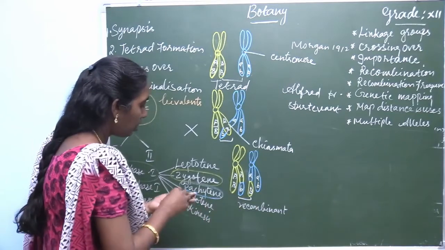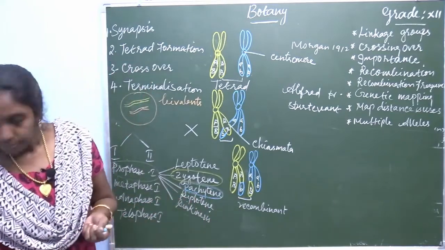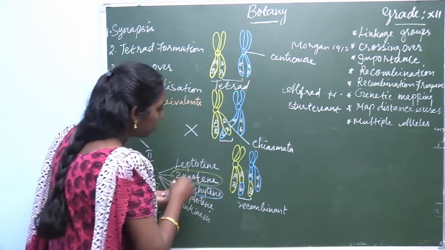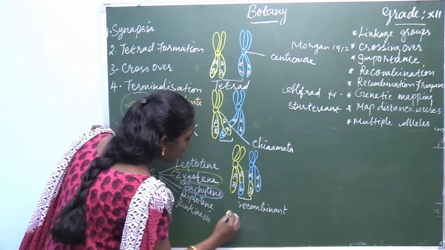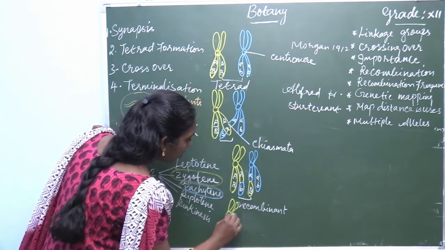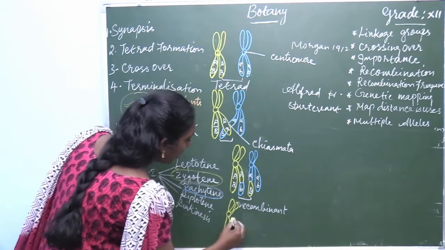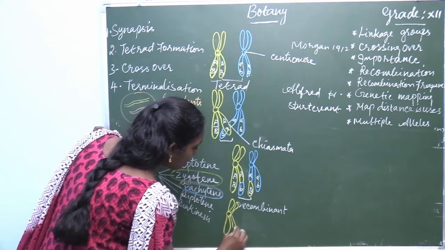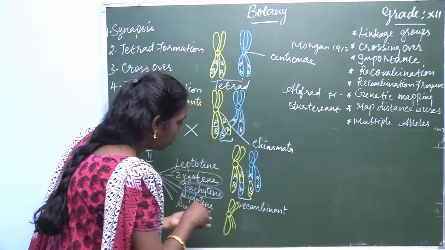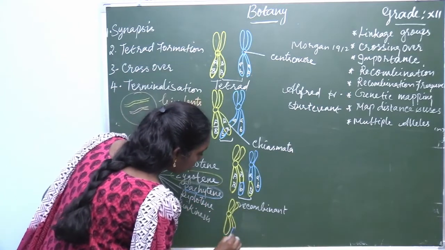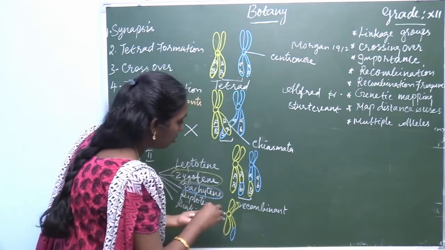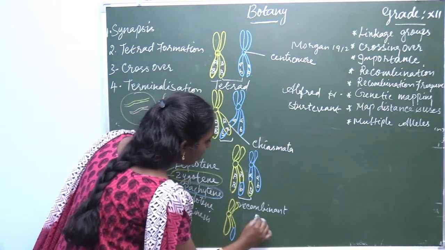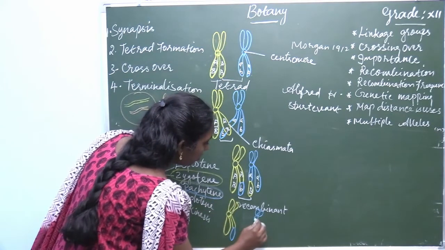This is one homologous chromosome and this is another homologous chromosome.